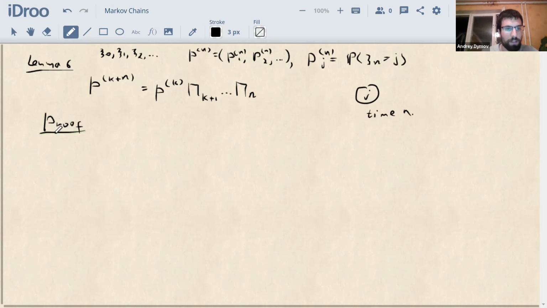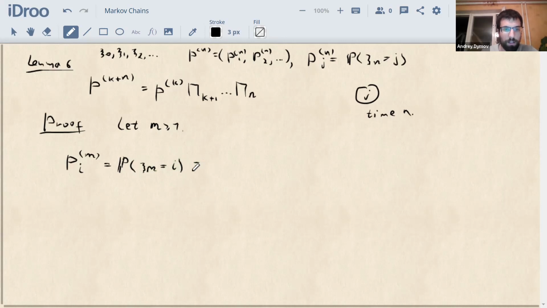So the proof is actually very, very simple. Let us take any m which is greater than or equal to 1, and then let us write the distribution of my Markov chain at the moment of time m and its component number i. By definition, this is the probability that xi m equals i.